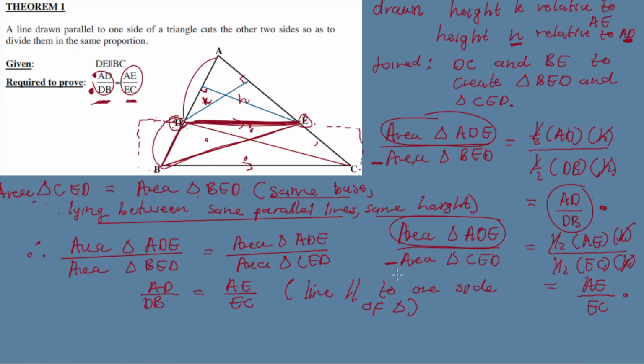Theorem 1 has its reason, theorem 2 has its reason. So for grade 12 theorem 1 we have a reason for this theorem. It's this one, line parallel to one side of a triangle.